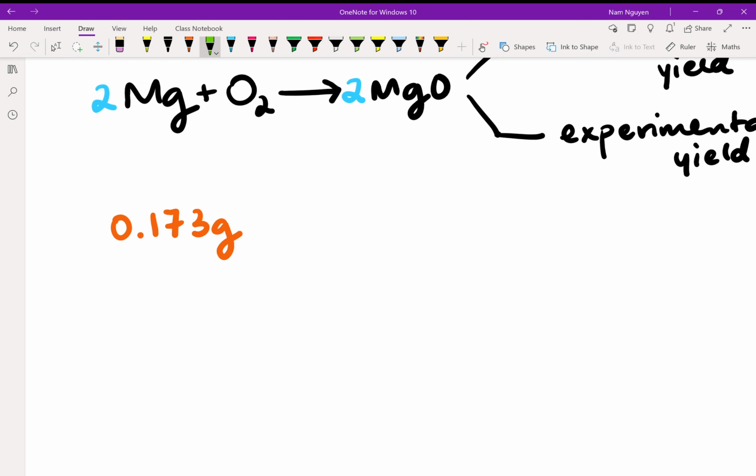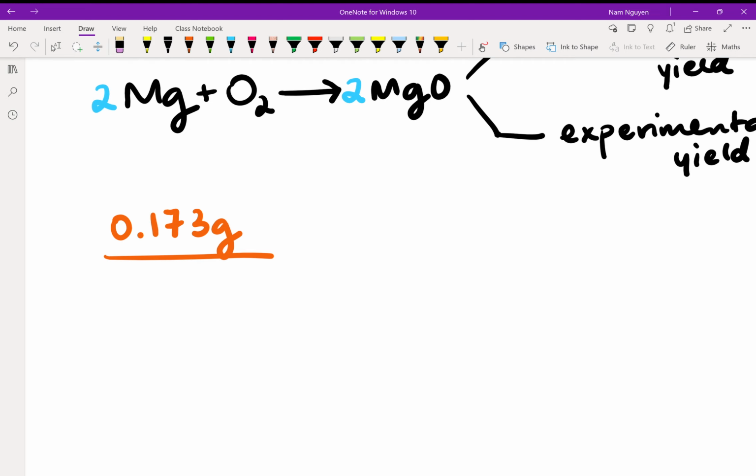The formula says what? You divide mass by molar mass. That's what the formula says. The formula says n is equal to m over M. Yeah?